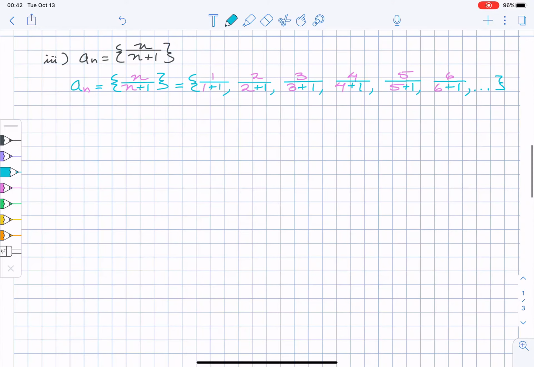Okay, so we have that a sub 1 is going to be 1 over 2.